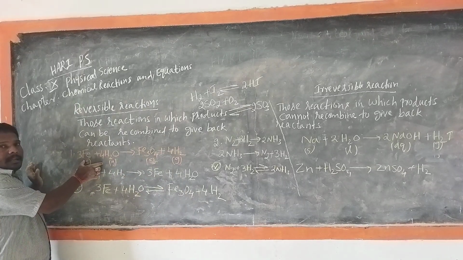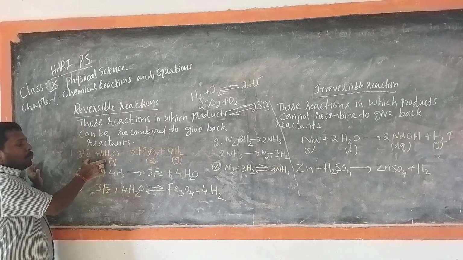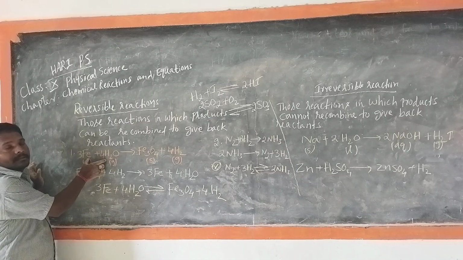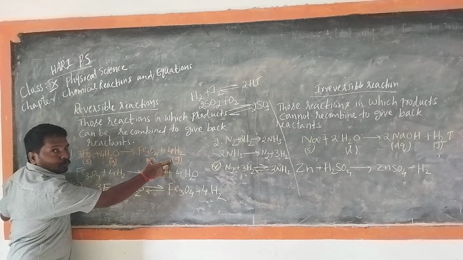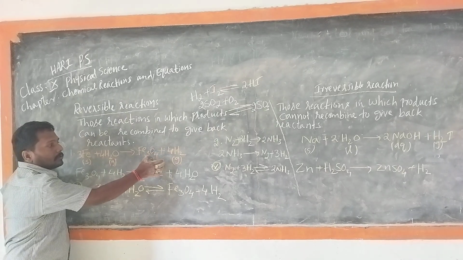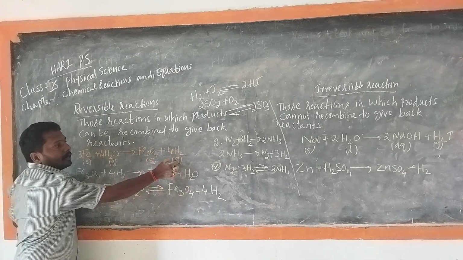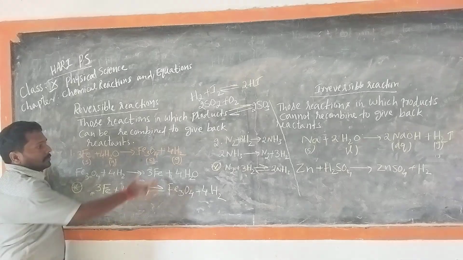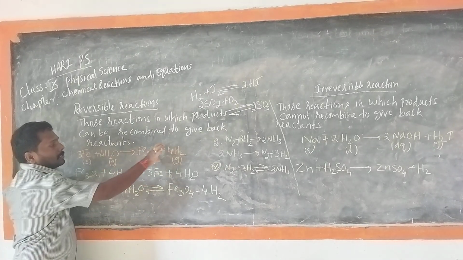So iron and steam are the reactants. They give two new substances, iron oxide and hydrogen. These are the products. Observe this equation.